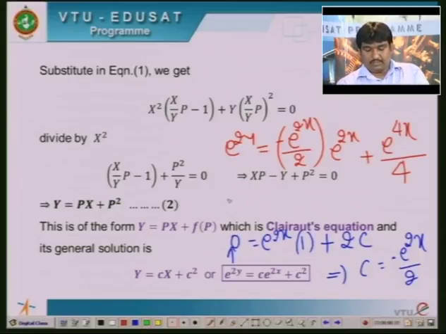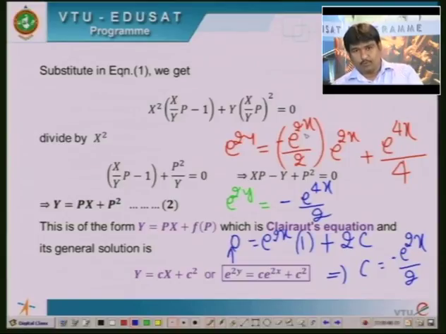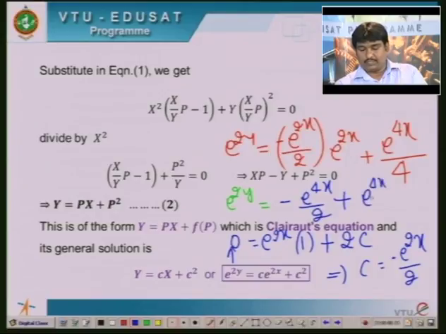This part is e to the power of 2y equals to, you can write this as minus e to the power of 4x divided by 2, e to the power of 2x into e to the power of 2x is e to the power of 4x divided by 2 plus e to the power of 4x divided by 4. So minus 1 by 2 plus 1 by 4. You just simplify that, you will get the singular solution.